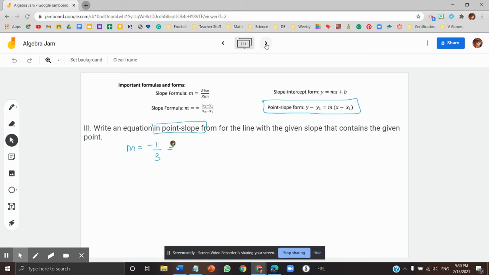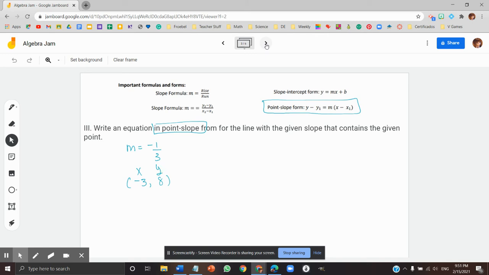And as you know, this is our rise, this is our run, right? We don't really need to use it right now, but just in case you were wondering. We also have, let's say I give you a point, negative 3 and 8, where this is x and this is y.